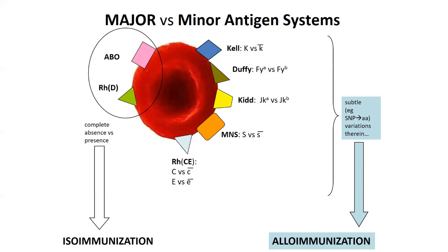The difference between a major and a minor antigen system is essentially the matter of isoimmunization as a consequence versus alloimmunization. The two major antigen systems are ABO, which associates with naturally occurring isoagglutinins. The other major system, RHD, a big 12 transmembrane pass protein.